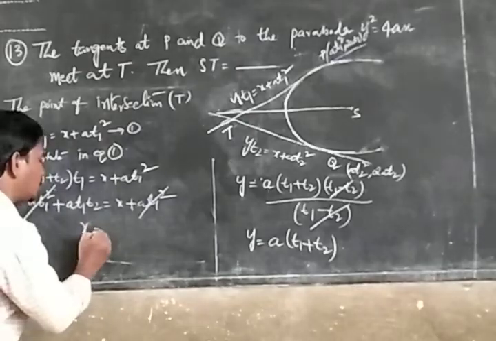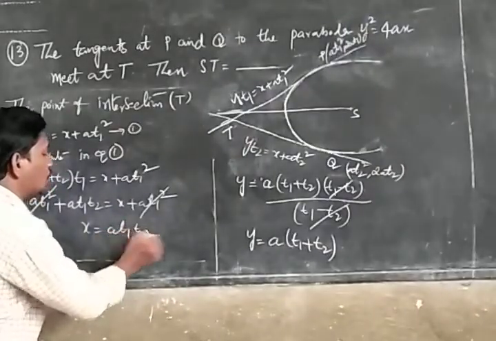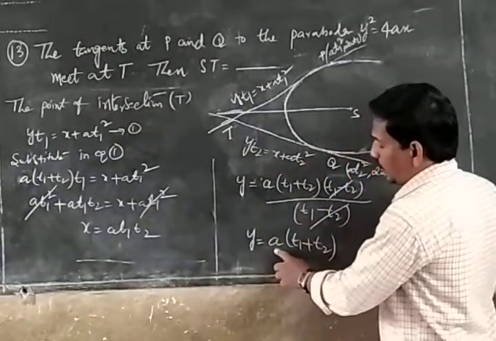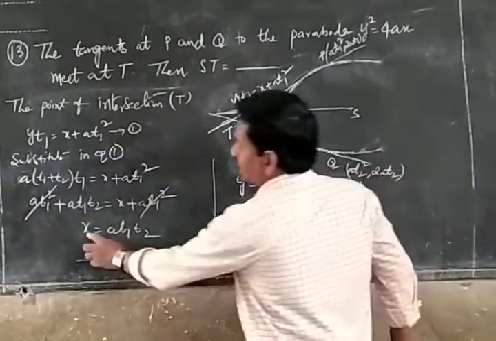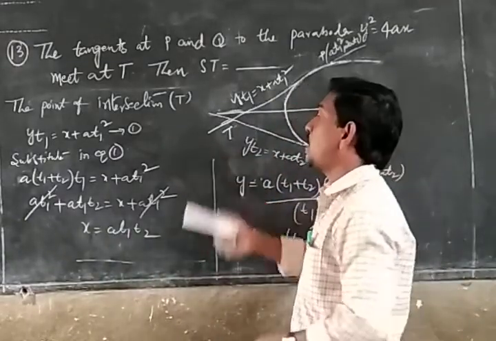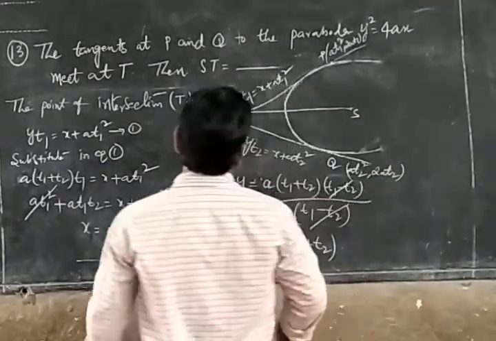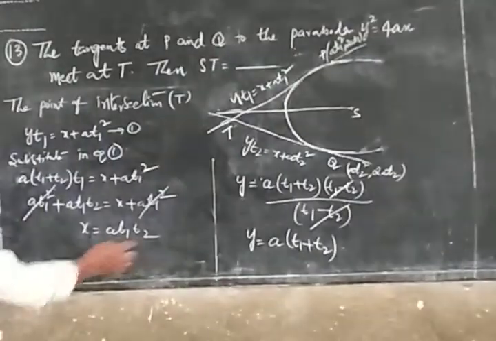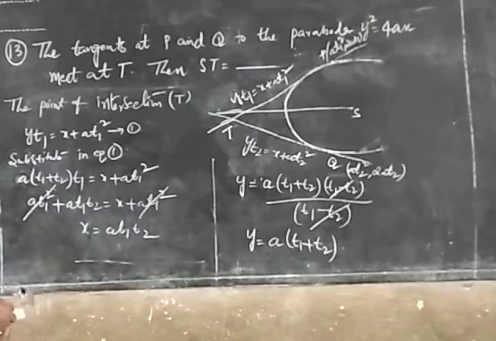Now x equal to at1 t2. Here we got y equal to a into t1 plus t2 and x equal to a t1 t2.